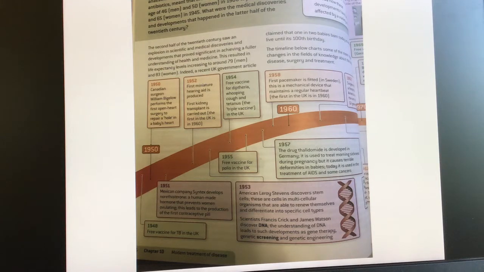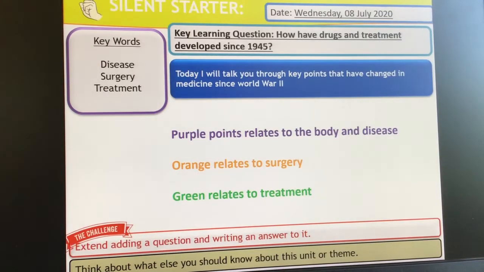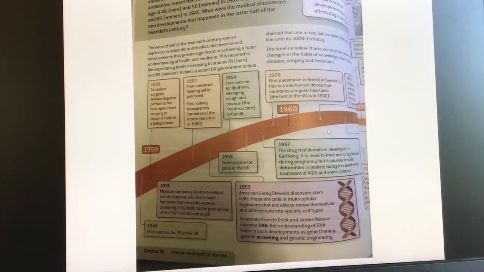Then in 1953, we have the development of understanding DNA through the scientists Francis Crick and James Watson. Understanding DNA leads to really good developments in gene therapy and screening and so on. That's quite an interesting development in how the body works and how disease can be combated.